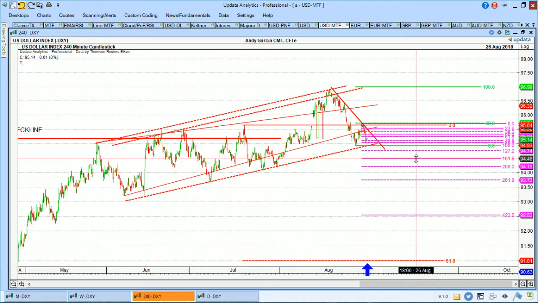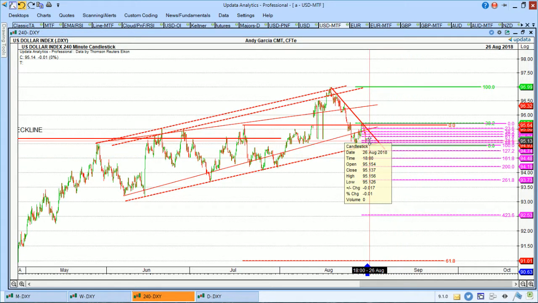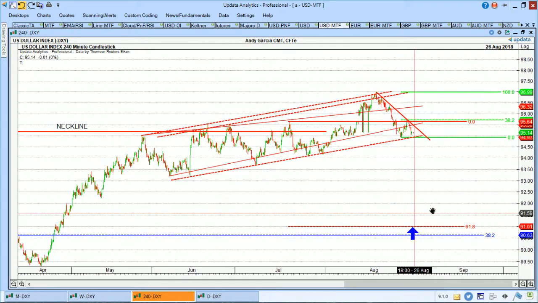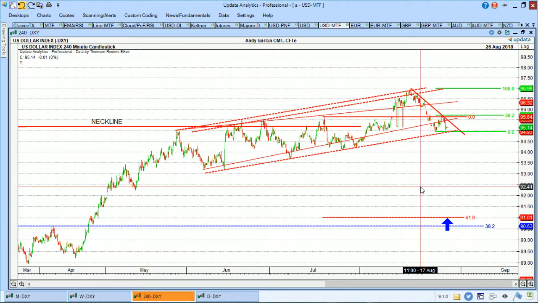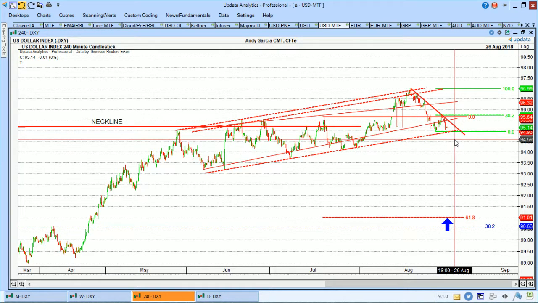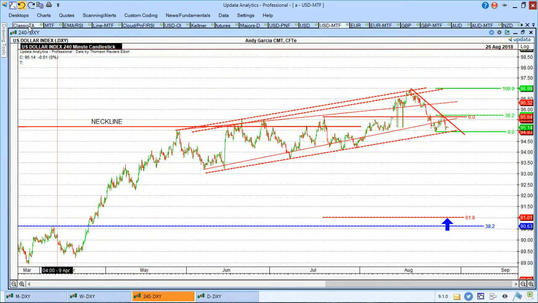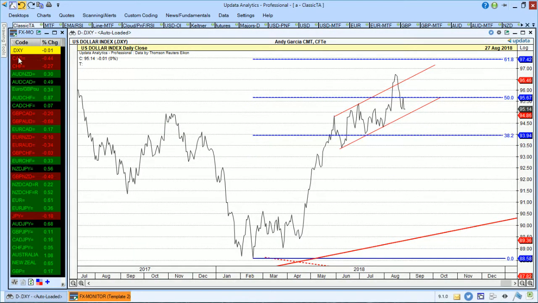These are some areas of support that I'm looking for the market to potentially reach down towards. Okay, so that's the dollar index. Remember, the expectation here is that if we continue to hug these lows, then I'm looking for this downward channel to be violated, and then for this market to actually go lower.